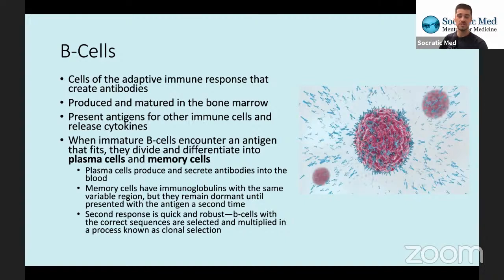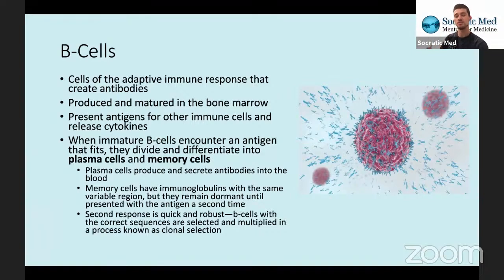So clonal selection, say we have 1,000 different B cells and each of them will recognize a different antigen. When we have this pathogen enter the body, it's only going to react with one of those B cells. And then once that B cell finds the pathogen, that one specific B cell is going to start proliferating like crazy and make a bunch of copies of that specific B cell.